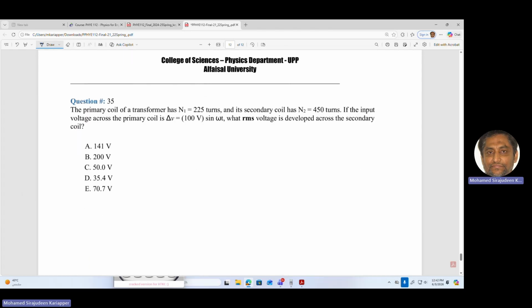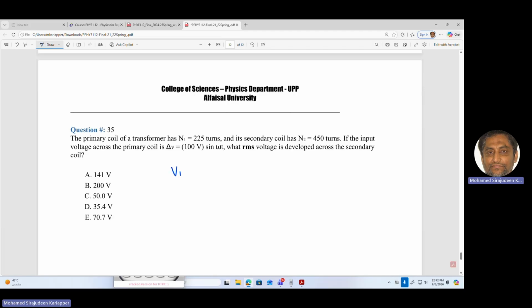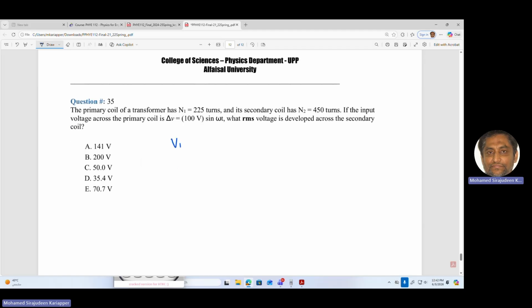Question number 35. Transformer question. So you just remember the equation for the transformer as V1 divided by N1 is equal to, am I correct? This is the equation, right? It's a ratio equal. It doesn't matter whether you put up and down, you have to be consistent, okay? So what is the voltage across the secondary?